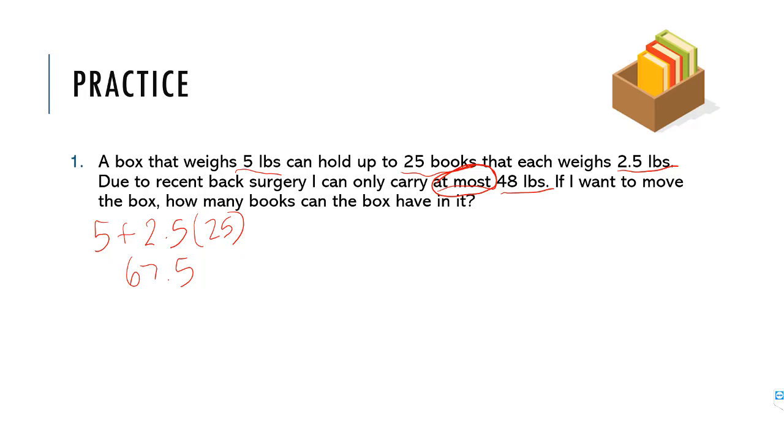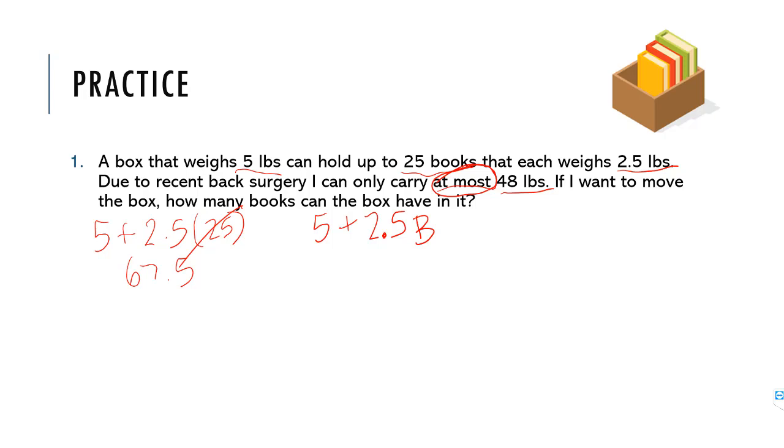So let's use a variable to figure out exactly how many books. 25 is not going to work, but my equation will. I'll say 5 pounds for just the box plus 2.5 for each of those books. Let's use the variable b. And I'm going to use an inequality.